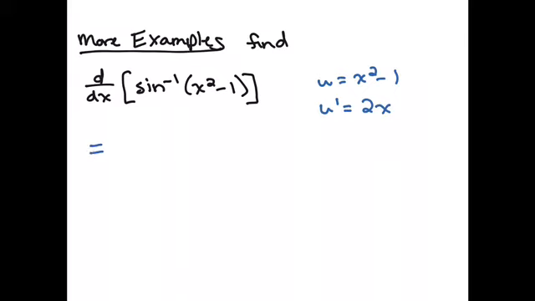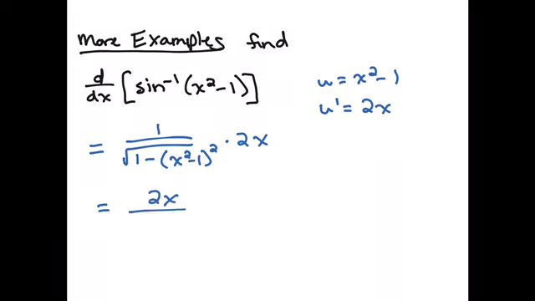So my derivative is going to be equal to 1 over the square root of 1 minus u squared times u prime. And if I just clean that up a little bit, I get 2x over the square root of 1 minus (x squared minus 1) squared. And I could multiply that (x squared minus 1) squared out, but there's really no reason to do so.